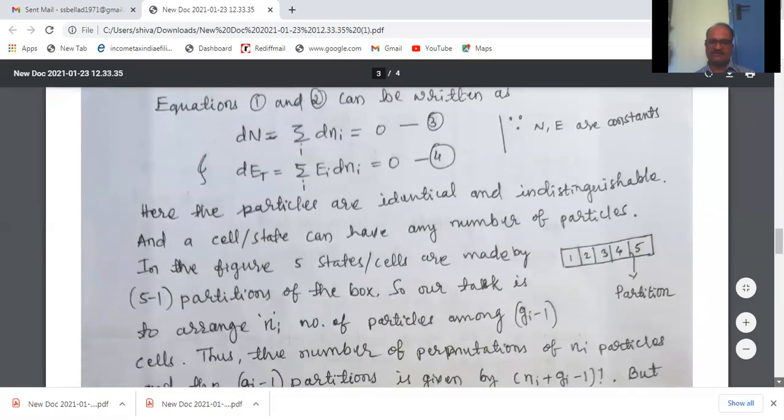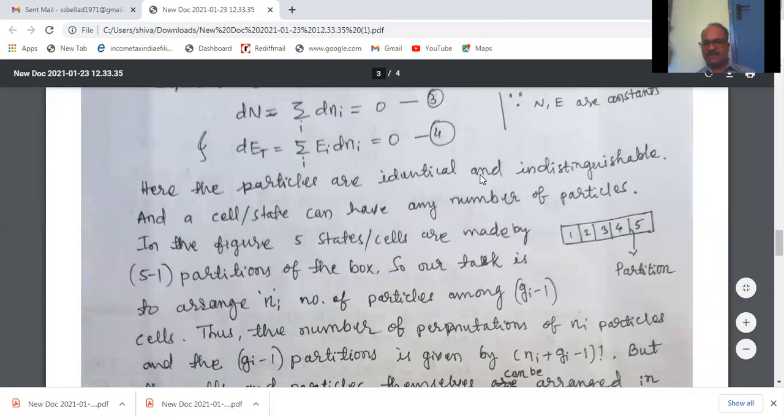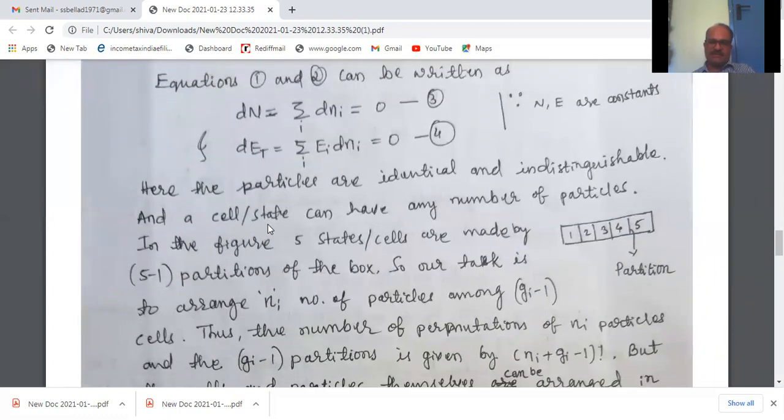Next, the particles are identical and indistinguishable, and a cell or state can have any number of particles. Using this idea, I am giving one example here. In the figure, 5 states or cells are made by 5 minus 1 partitions of the box. Here a box is there, and this box has partitions 1, 2, 3, 4, 5.